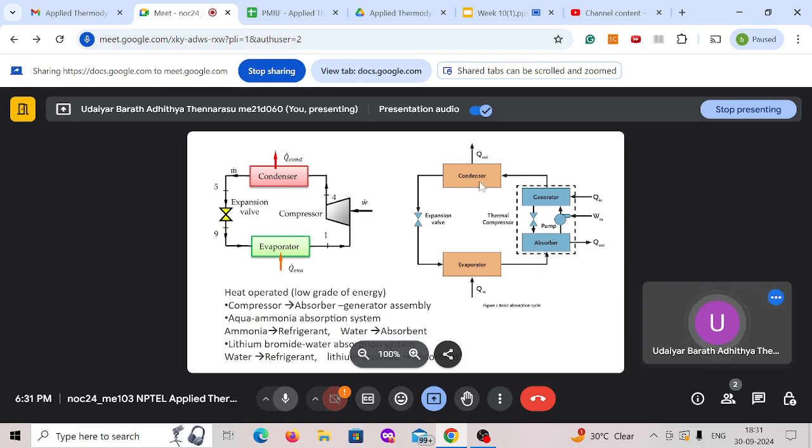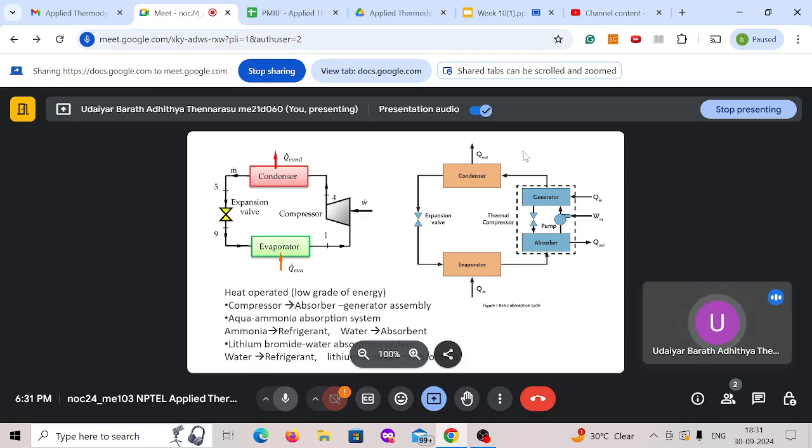The absorber and condenser temperatures are both the same. So the heat engine is operated between generator and absorber, and this in turn is driving the refrigerator. The refrigerator is operated between the condenser and the evaporator temperature. So the COP of the vapor absorption refrigeration system is equal to the COP of the refrigerator operating between the condenser and the evaporator, multiplied by the efficiency of the heat engine.